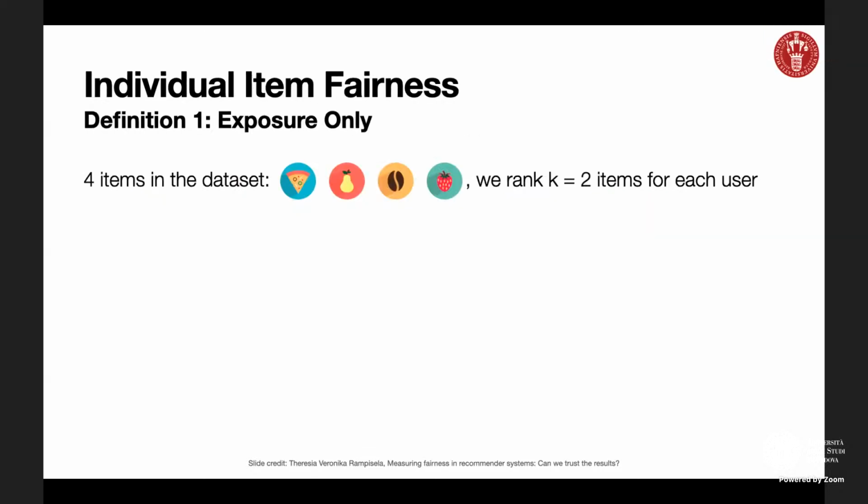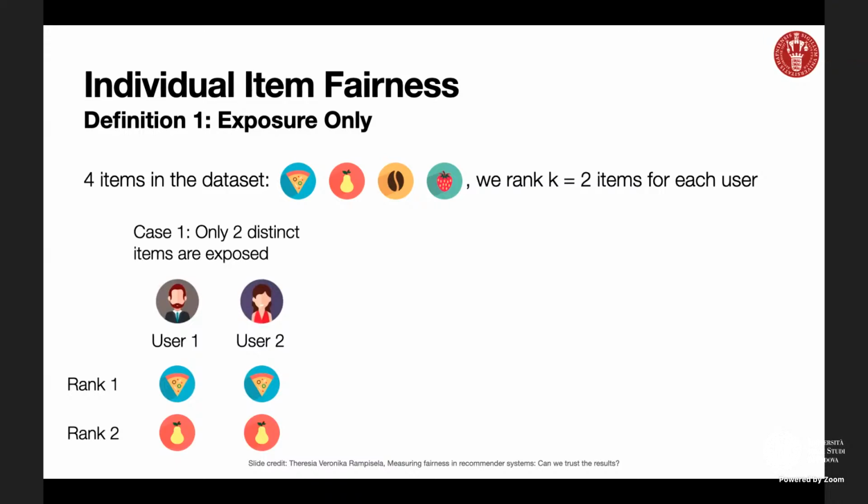Now, I'll prepare an example here. So let's say that we have 4 items in our data set, and we just show to the user 2 items. This is user 1 and user 2. They get the same exact ranking, so only 2 items are exposed here.